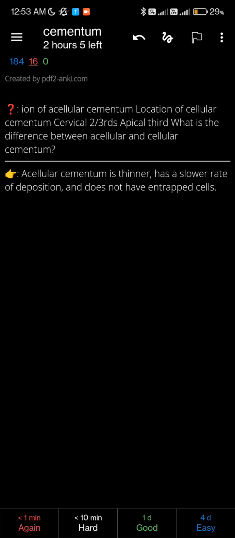So what is the difference between cellular and acellular cementum? Acellular cementum is thinner. Of course, acellular cementum does not have cells.